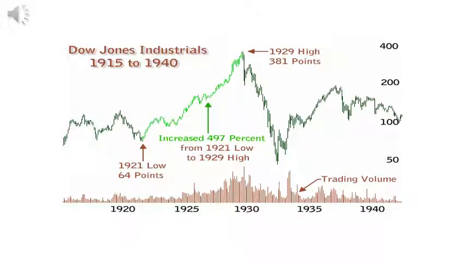And this chart here shows us again the Dow Jones Industrials from 1915 to 1940, with a low point in 1921 of 64, increasing almost 500% to the high point in 1929 of 381 points, primarily because of the speculative trading and the margin trading that was taking place because of the deregulation of the stock market.